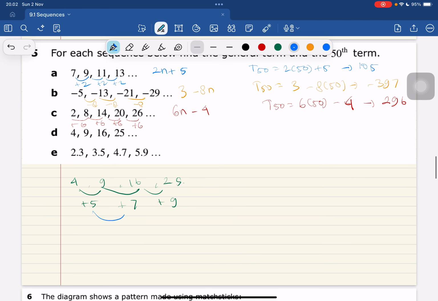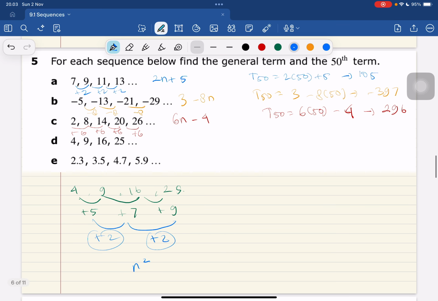Next, the second difference is plus 2, and then plus 2. Okay, we got the first difference and then the second difference. If we got the second difference constant, it will involve n squared.